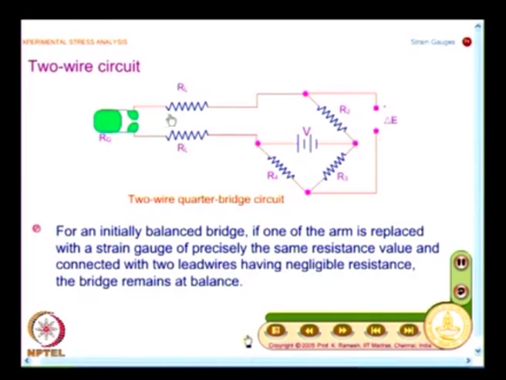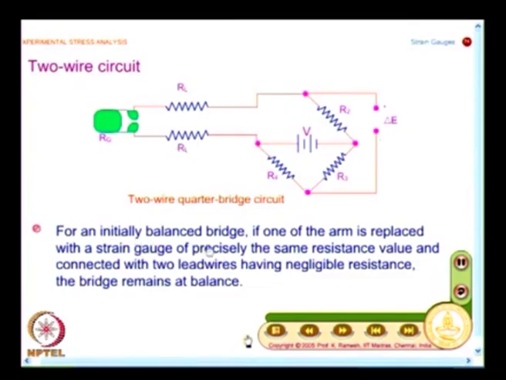What is the influence of the lead wire? See, the lead wire is not a superconducting material, it has some resistance. If the resistance is low, what do you find?